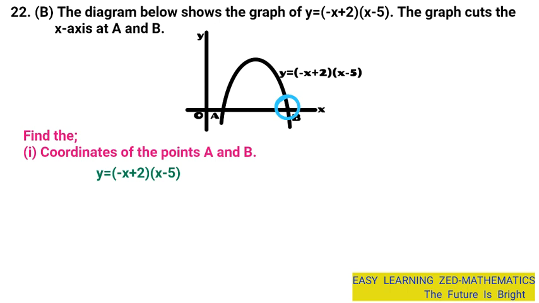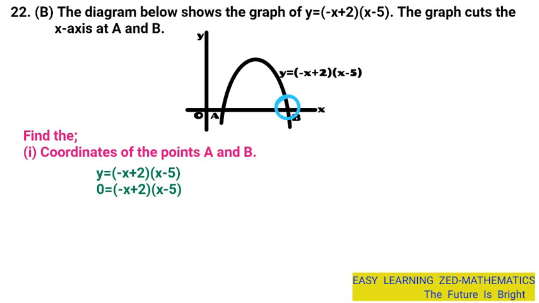Therefore we can replace y by 0, because on both points the reading of y is 0. So we're going to say 0 is equal to that. We have just replaced y.